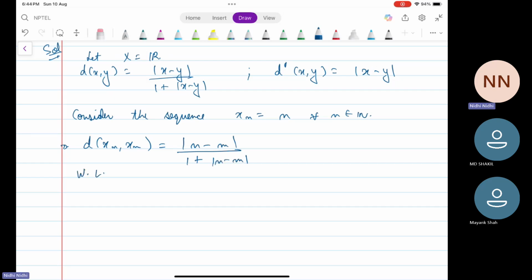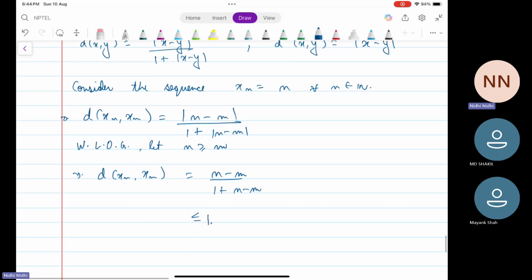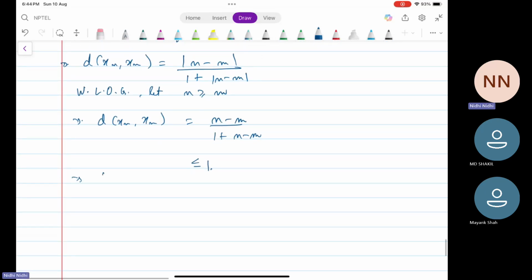Without loss of generality, let n be greater than or equal to m. This implies D(Xn, Xm) equals n minus m by 1 plus n minus m, which is always less than or equal to 1. That means the distance between any two terms of the sequence is less than or equal to 1. So from here, we can clearly see that this Xn is bounded.